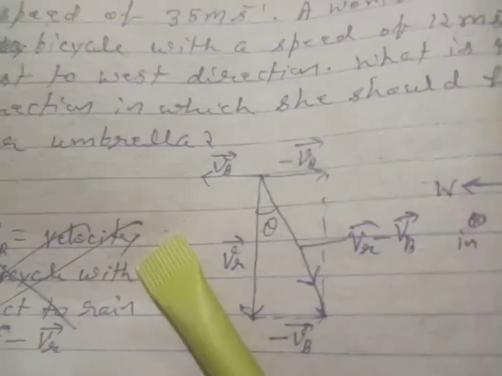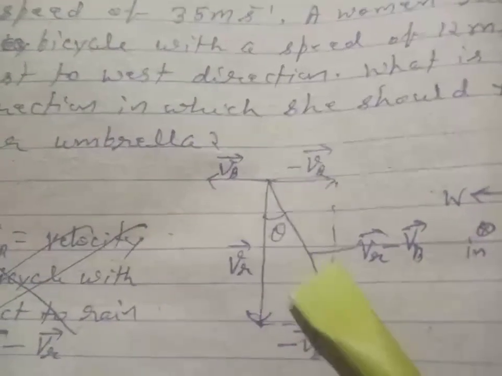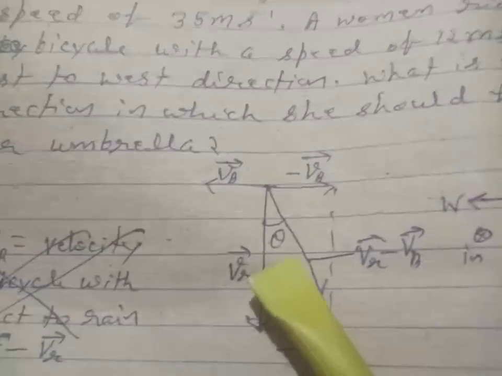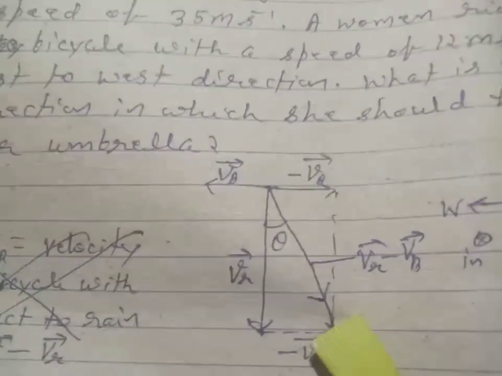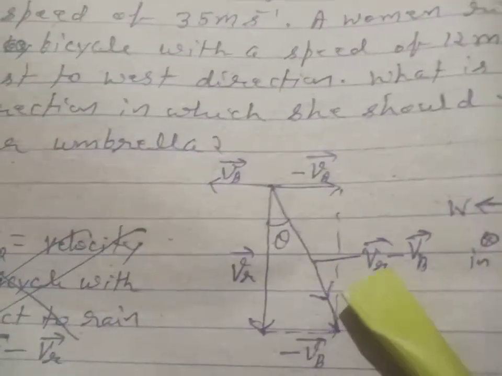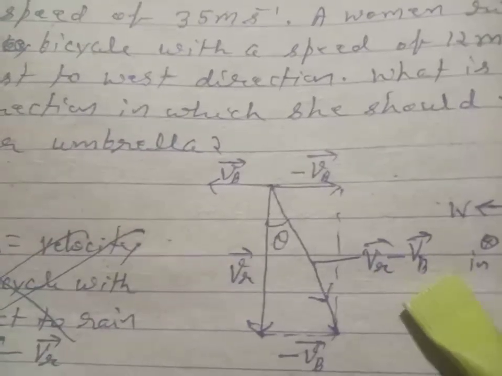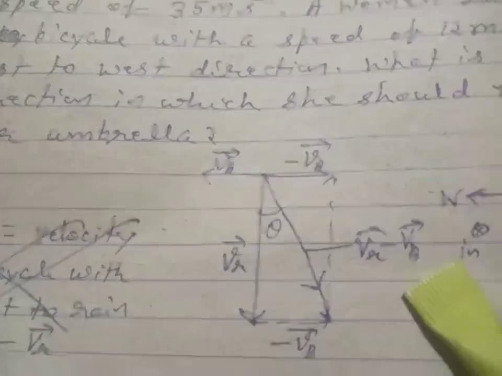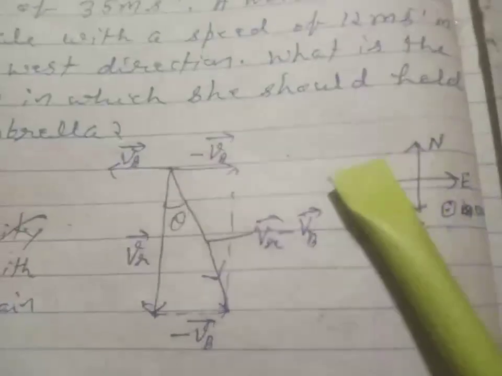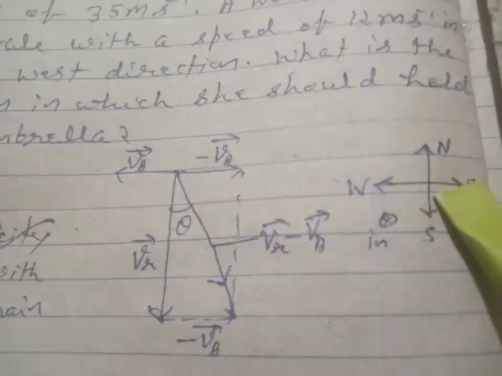So this vector represents the velocity of rain with respect to the bicycle, that is Vr minus Vb, and the corresponding directions are shown: east, west, north and south.